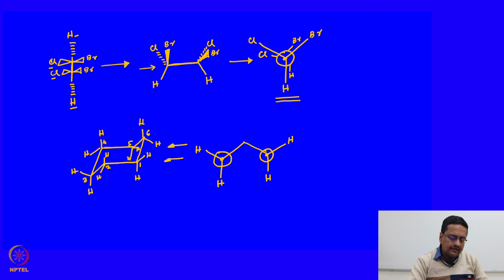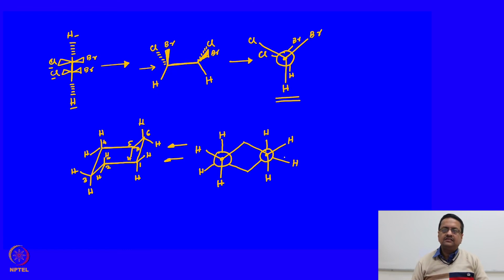When you look at the back carbon from this side, this hydrogen is above, this particular hydrogen is here, and the third bond is connected through carbon number 3 to the back carbon 4, and this back carbon 4 has 1 hydrogen upwards and a second hydrogen in the downward direction, making an angle of 60 degrees.